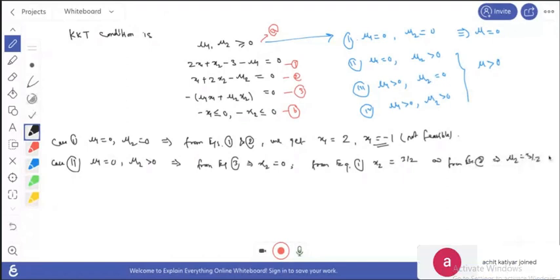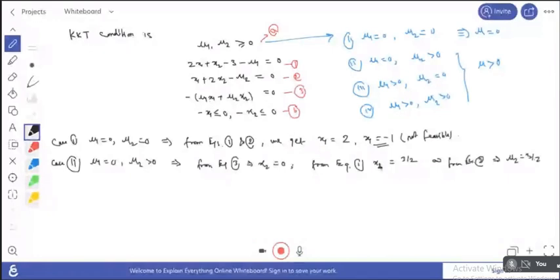This means mu2 is greater than 0, and x1 is greater than 0. I think this is x1, because x2 is 0 here. Okay, so this is x1.